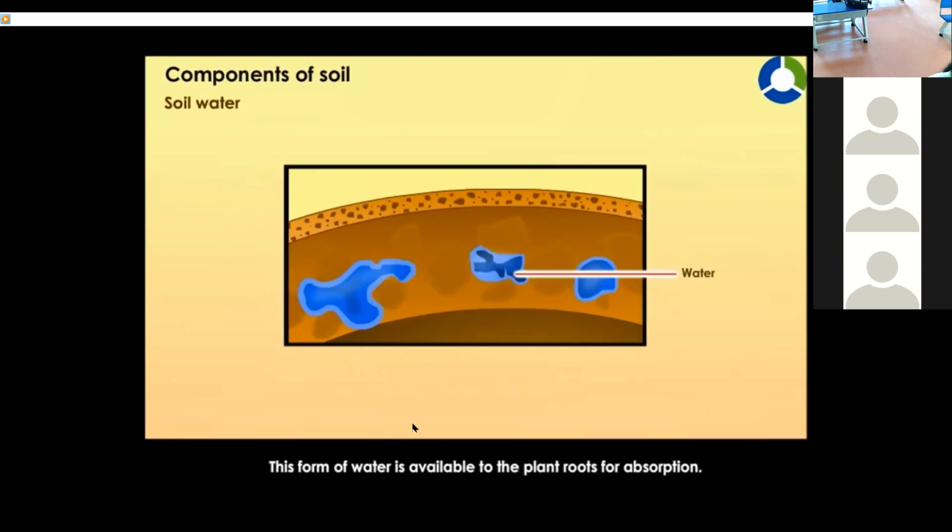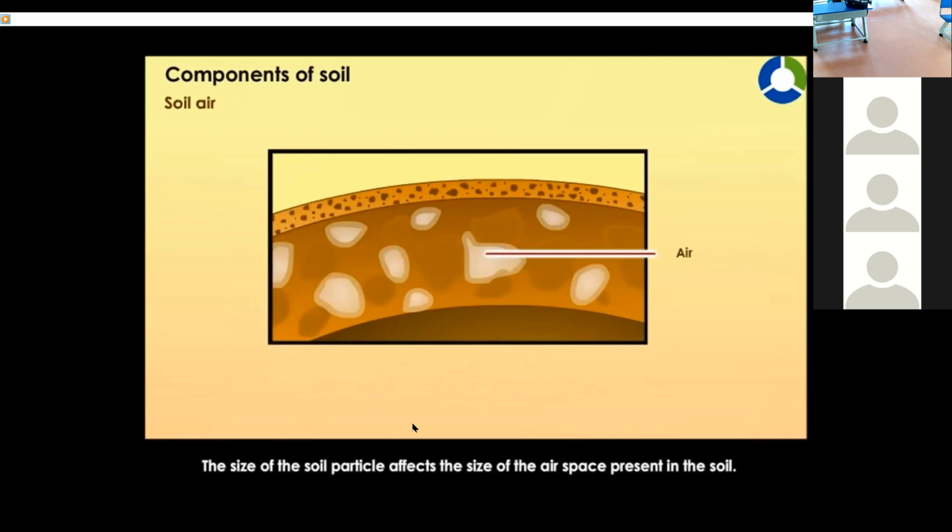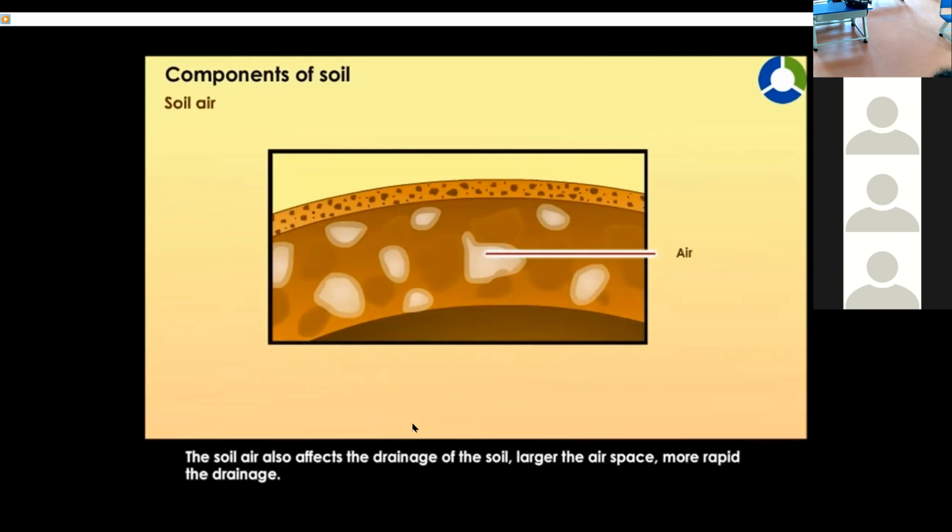Soil air. The size of the soil particle affects the size of the air space present in the soil. Air is essential for the respiration of roots and soil organisms. The soil air also affects the drainage of the soil. Larger the air space, more rapid the drainage.